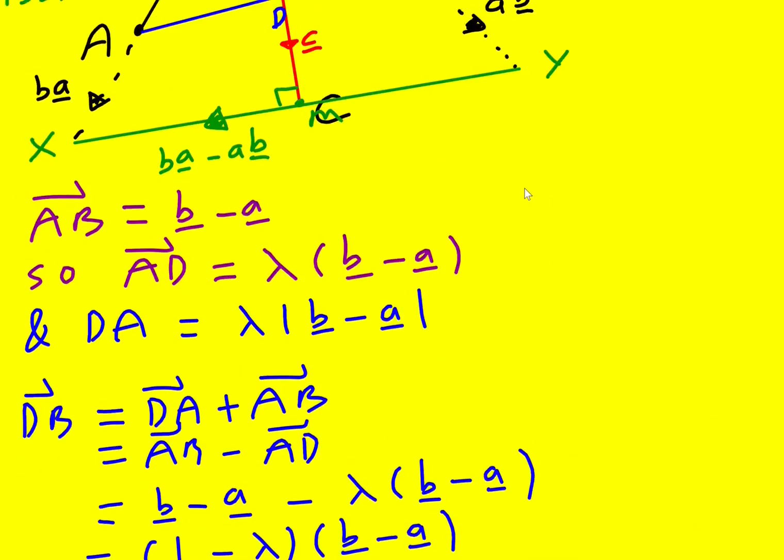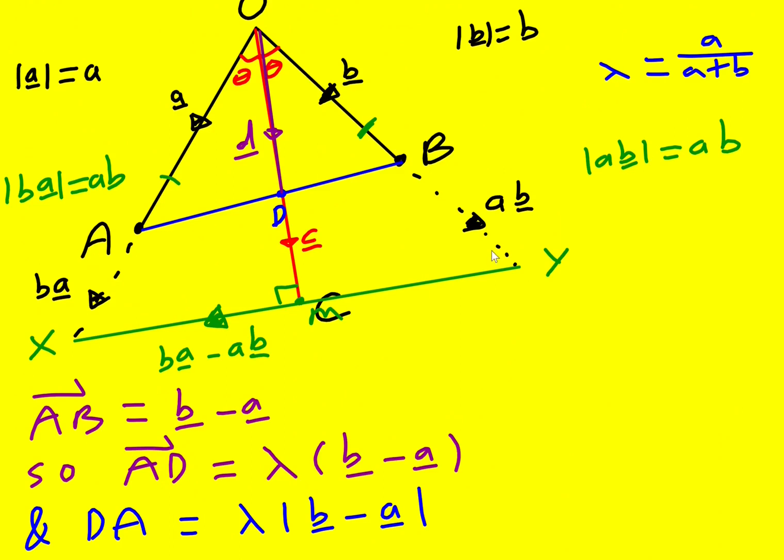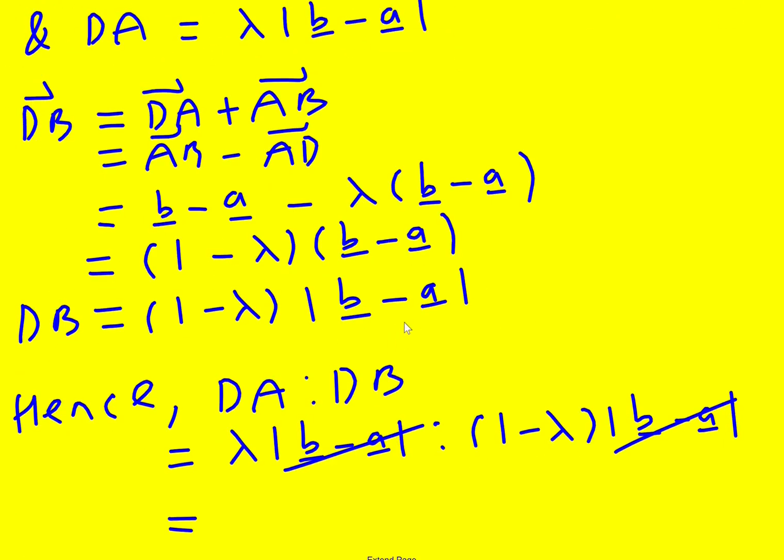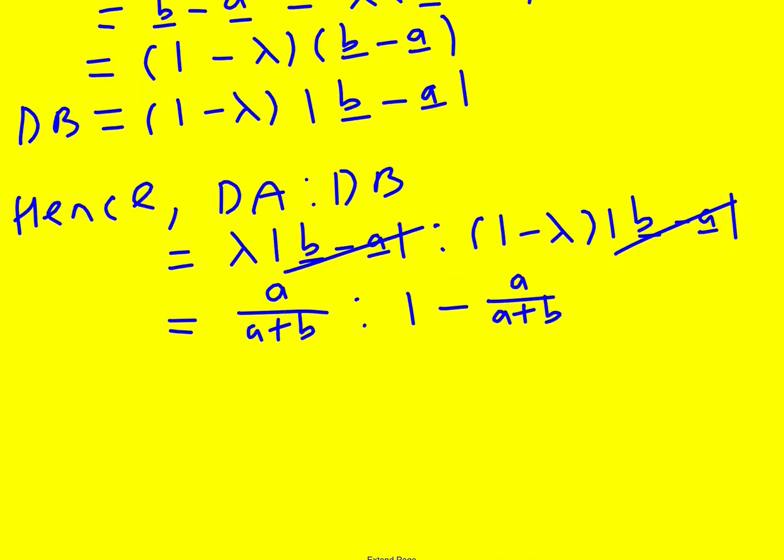Lambda, remember, as we showed earlier, is actually a over a plus b. I'm going to put the right-hand side over a common denominator.